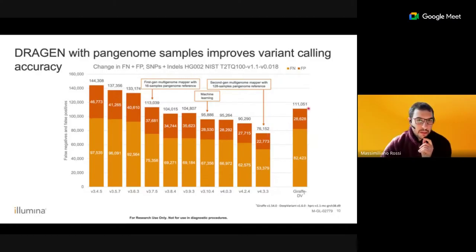And when we compare to the publicly available pipeline, we see a 31.5% error reduction with the latest version of Dragon. Just to clarify, the pangenomes underneath are different, because Giraffe DeepVariant runs on the HPRC pangenome, while Dragon has its own pangenome reference.